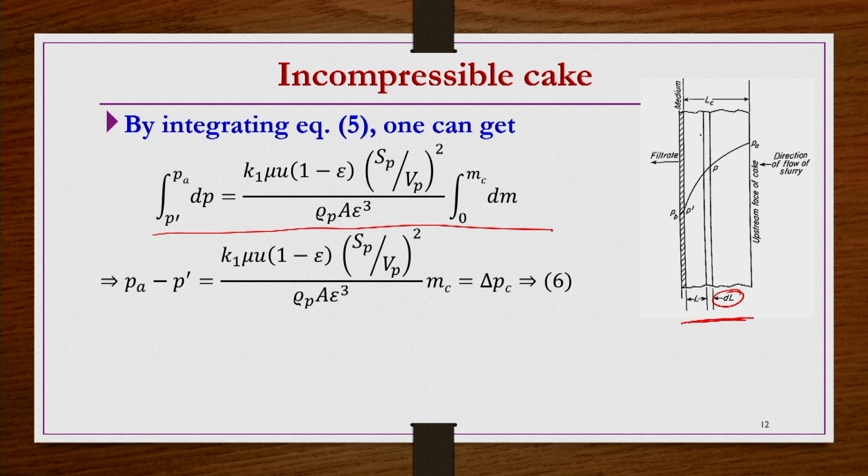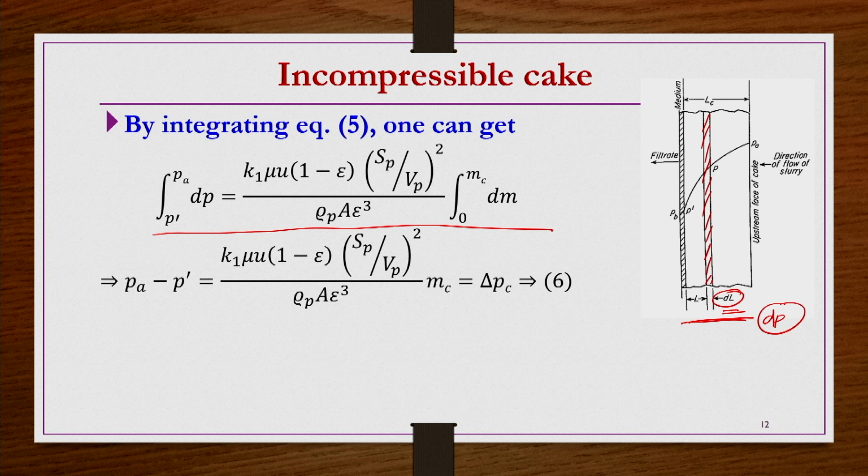Initially this equation was developed for dl, and dP was calculated only for this layer of cake that we have taken within the total cake of thickness LC at a given time t. At a given time t, the cake thickness is LC.